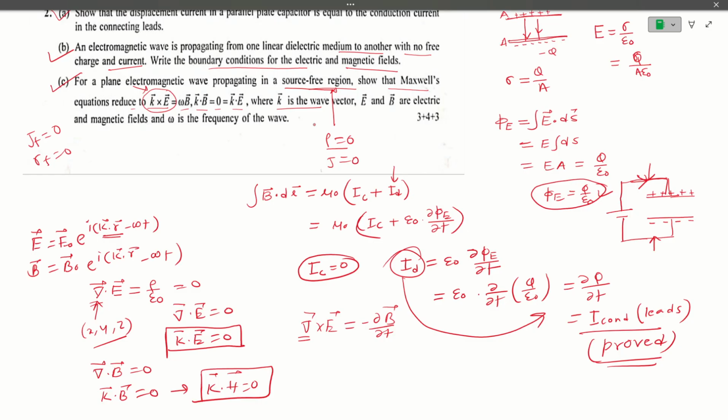So we get i times k cross E. And on the right side, minus del B by del t operates on the time variable only, so we get minus i omega times the B vector.